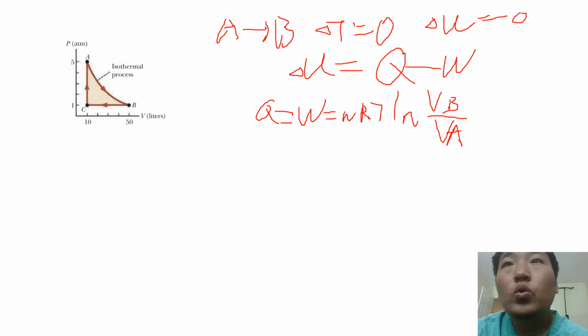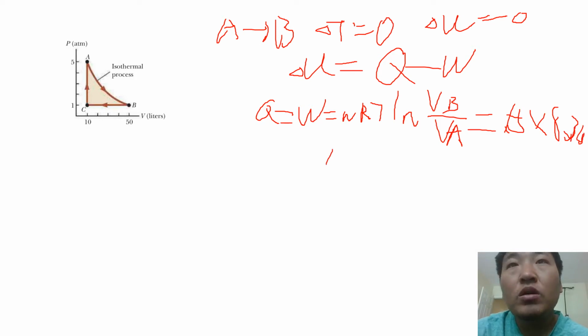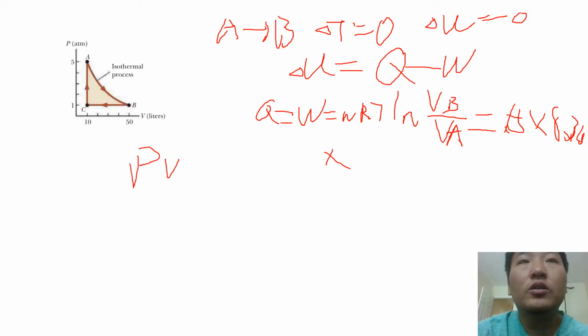And just plug in the numbers. n is 1.5 mol, and R is 8.314, and the temperature we can get from PV equals nRT, so T equals PV divided by nR.